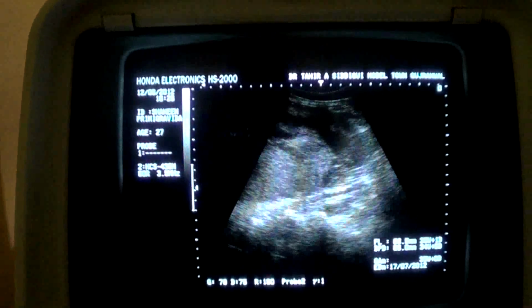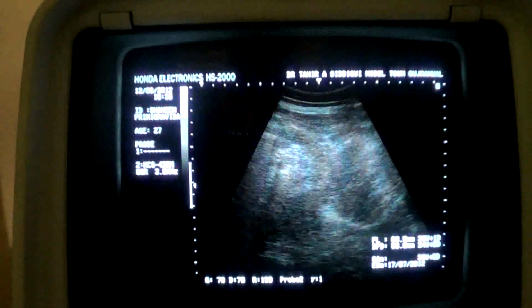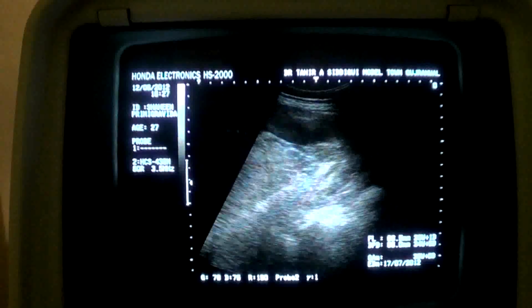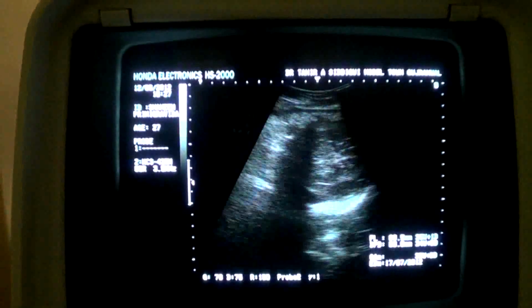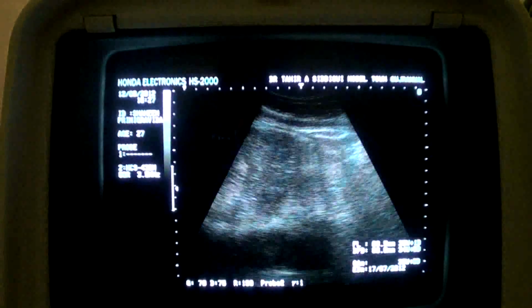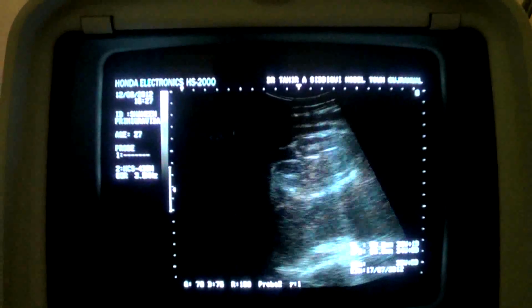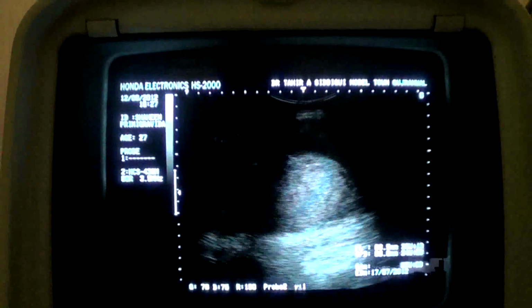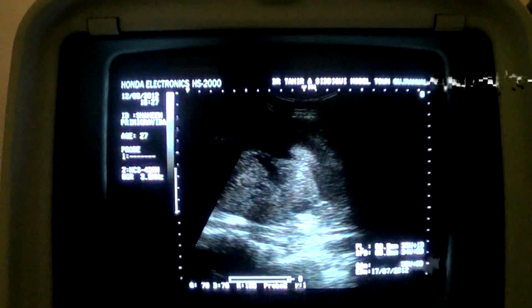The placenta is on the posterior wall, you see, and right above the os.